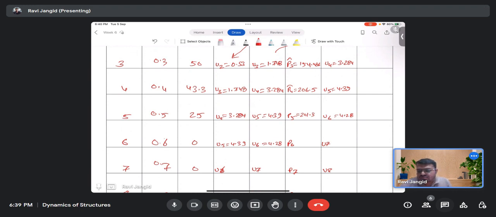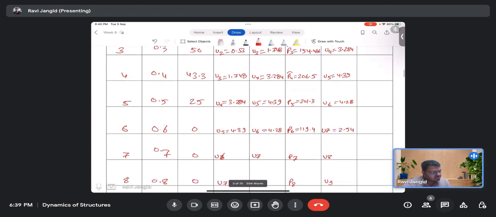So P6 is coming out to be around 119.04. So u7 is coming out to be 2.54. So u6 is 4.28. So u7 is 2.54. So P7 becomes minus 3.23.